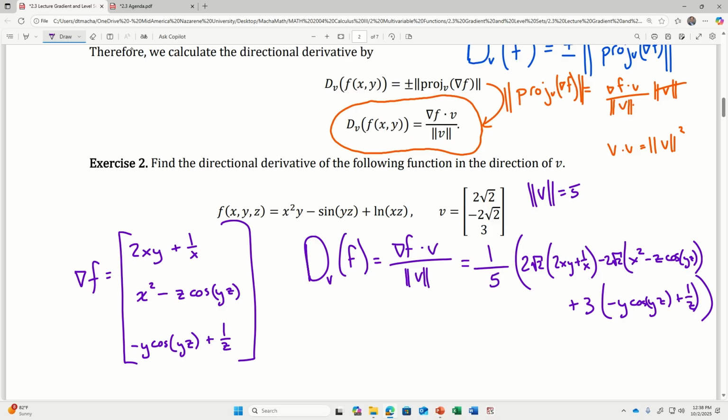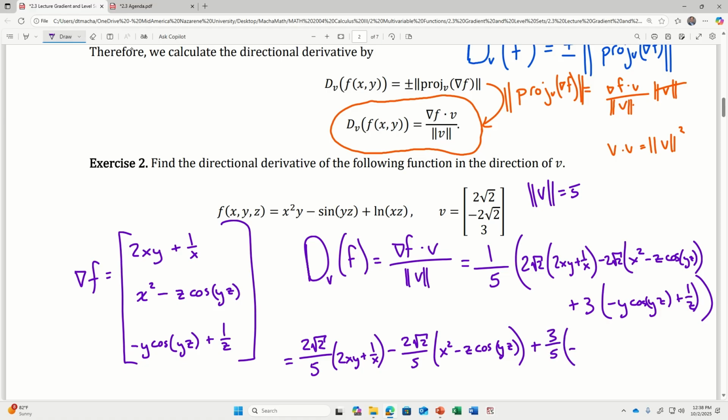Okay, so altogether, this directional derivative is 2 square root 2 over 5 times the first entry in my gradient, minus 2 square root 2 over 5 times the second entry in my gradient, plus 3 over 5 times that third entry in my gradient.